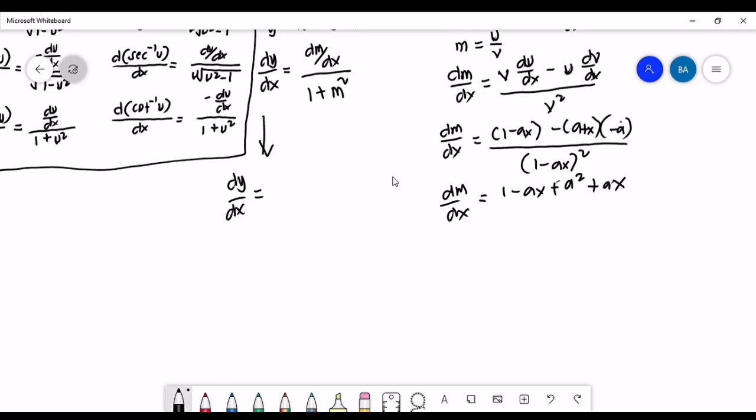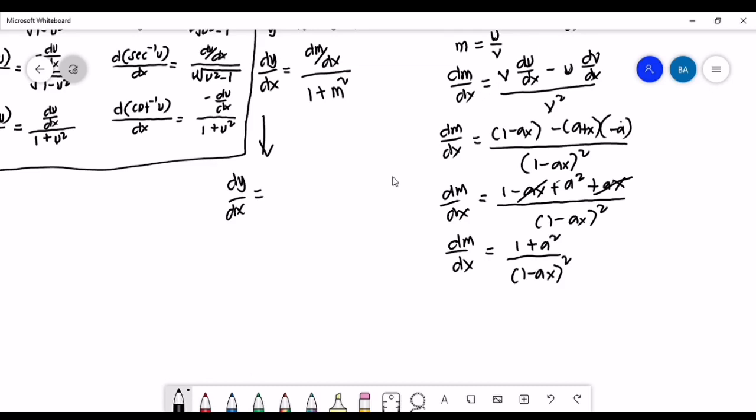Over (1 minus ax) squared. So we could cancel out the ax. Negative ax plus ax is equal to 0. Therefore the simplest form of the derivative of m with respect to x is 1 plus a squared over (1 minus ax) squared.